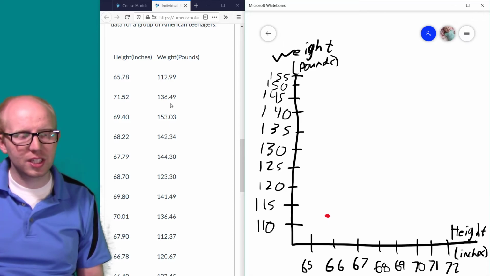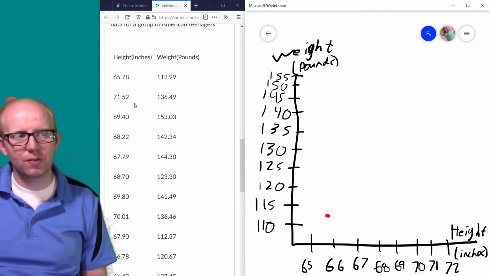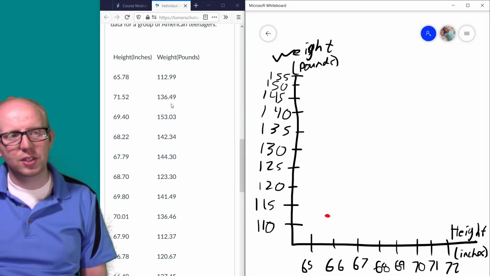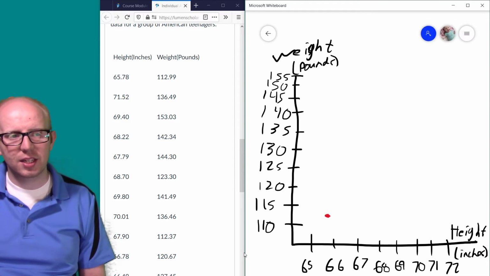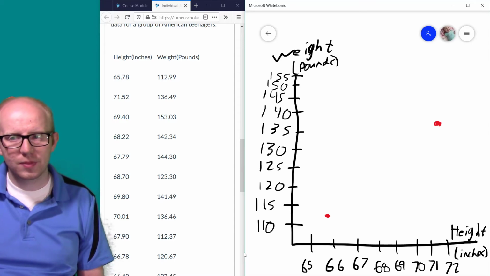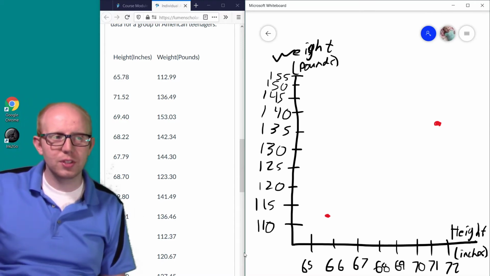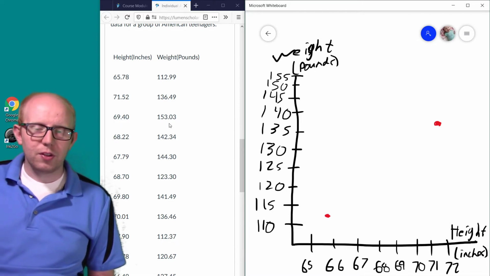71.52 and 136.49. So 71.52 will be all the way over to the right, and 136.49 will be just above 135. So 71.5 over and 136.5 up. Next, 69.4, 153.03.